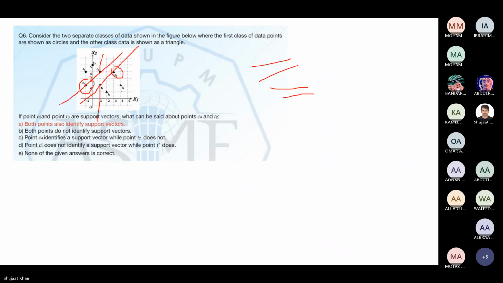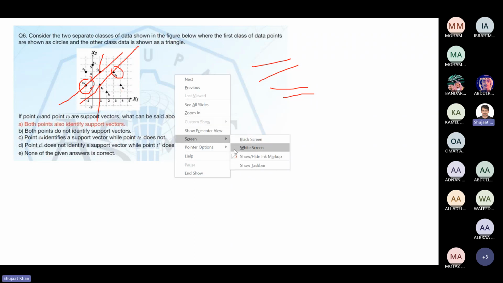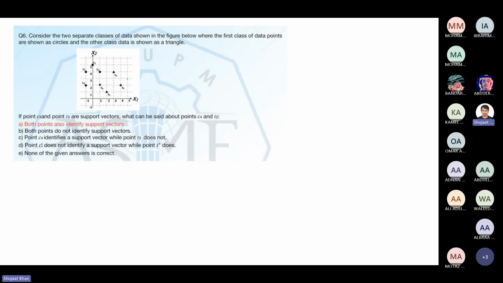So now we know that T2 is here, and C4, are passing through our hyperplane. So what can be said about C2? The correct answer should be this way.